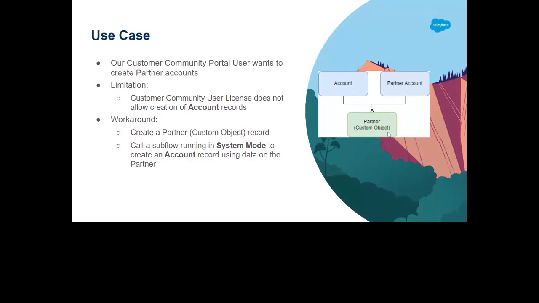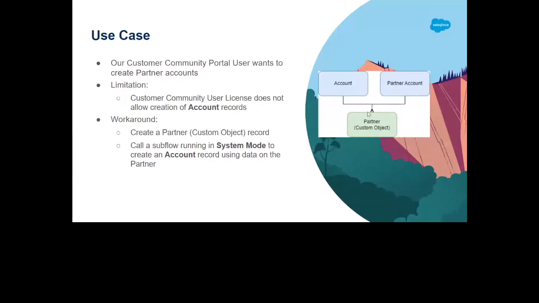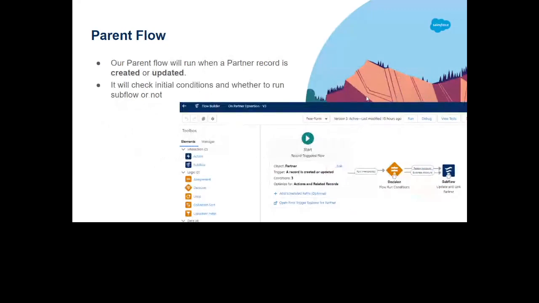So what our flow looks like is essentially we have a record triggered flow, and that's going to run when a partner record is created or updated, right? When this is created or updated, we will run our flow and we will create our account record from there.